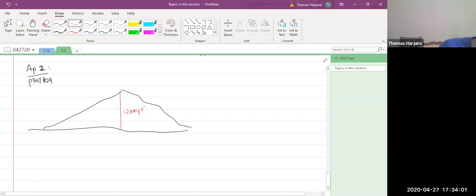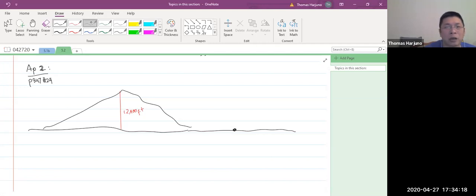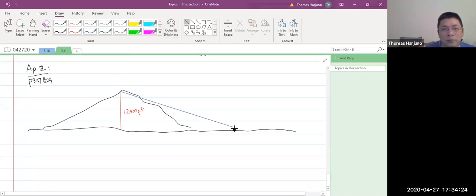A trigonometry student several miles away notes that the angle between level ground and the peak is 30 degrees. So suppose you are standing as far as here, you stand here and you look at the peak of that Mount Fuji, and realize the angle here is 30 degrees.